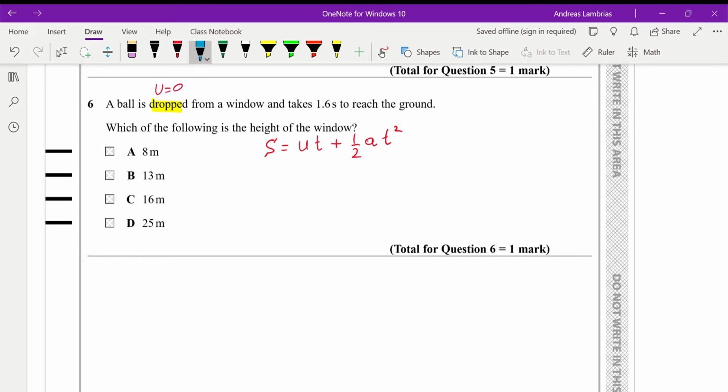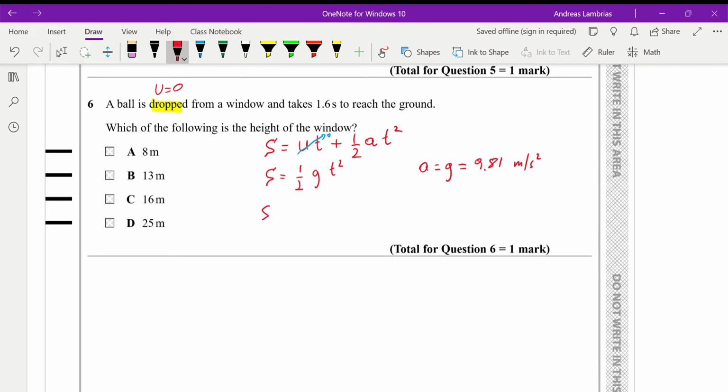Therefore, this term will be 0, and we only have displacement equals half a t squared. Now, since we're talking about vertical motion like free fall, acceleration is equal to g, which is 9.81 meters per second squared. Therefore, this a can be replaced with g.